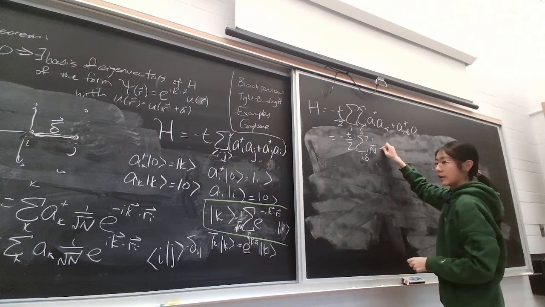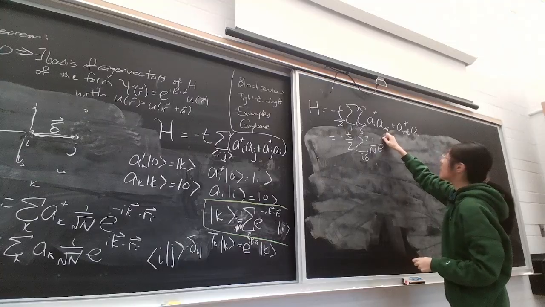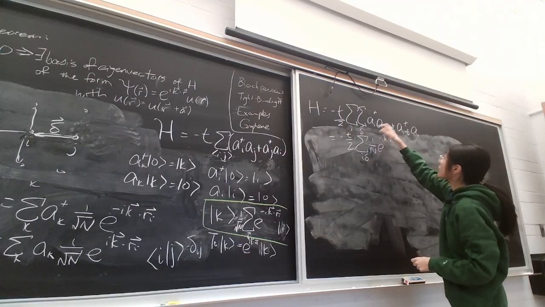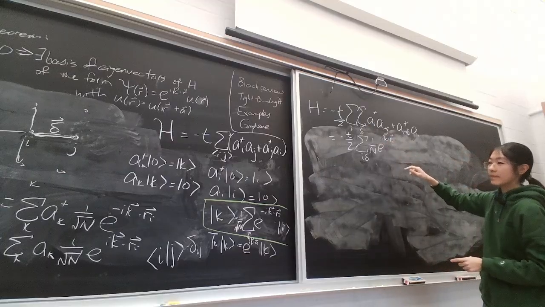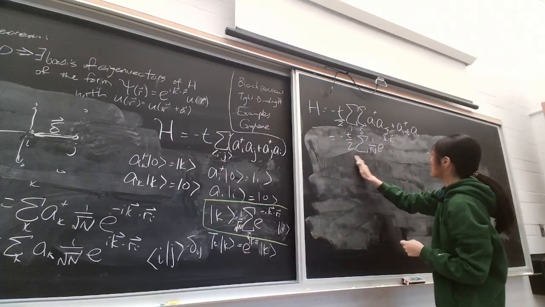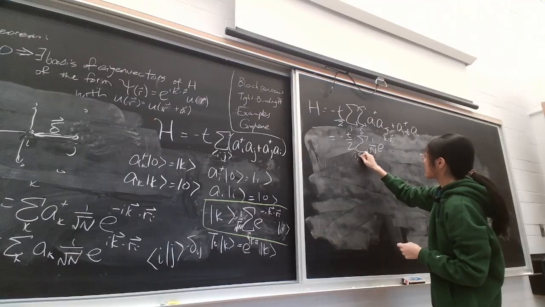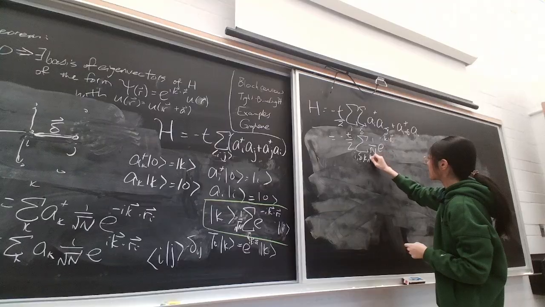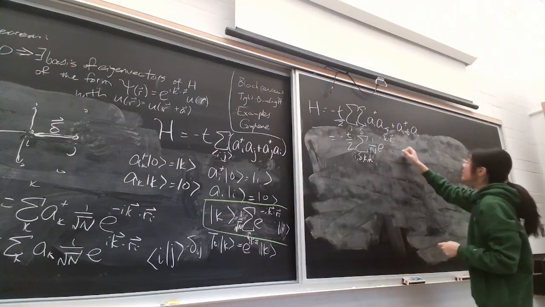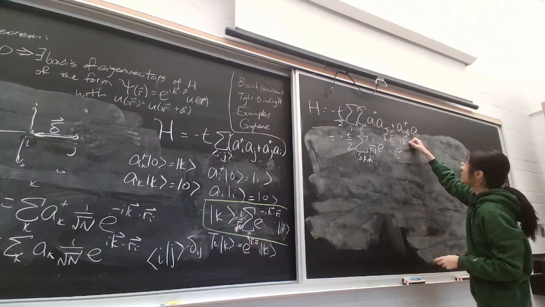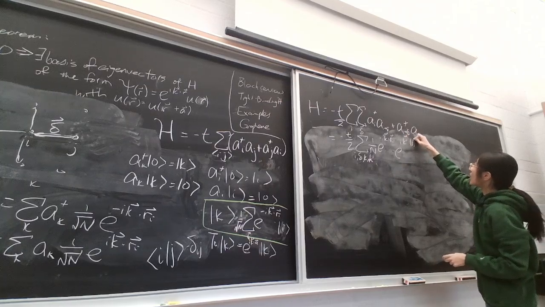Then you have e to the negative i k dot r_i for this operator. I'll write the a_k at the end. Now the sum runs over i, delta, k and k prime. And then for the other one, you have e^{i k' dot (r_i + delta)}.